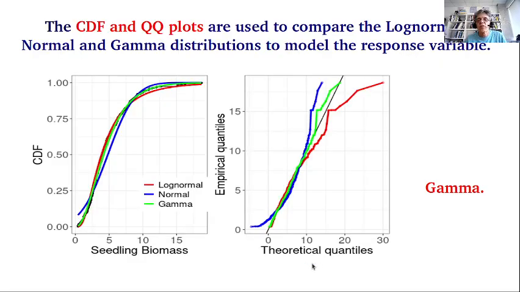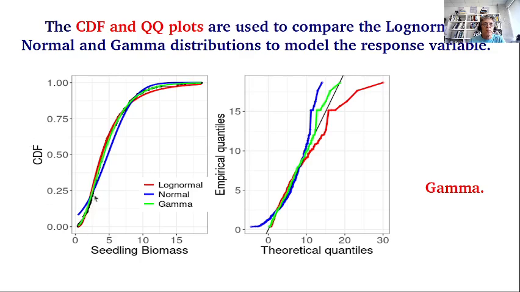So we use, as always, the cumulative distribution function plots and the QQ plots to compare three candidate distributions. In the first of the two plots, the three candidate distributions are as seen: the log normal, normal, and gamma.